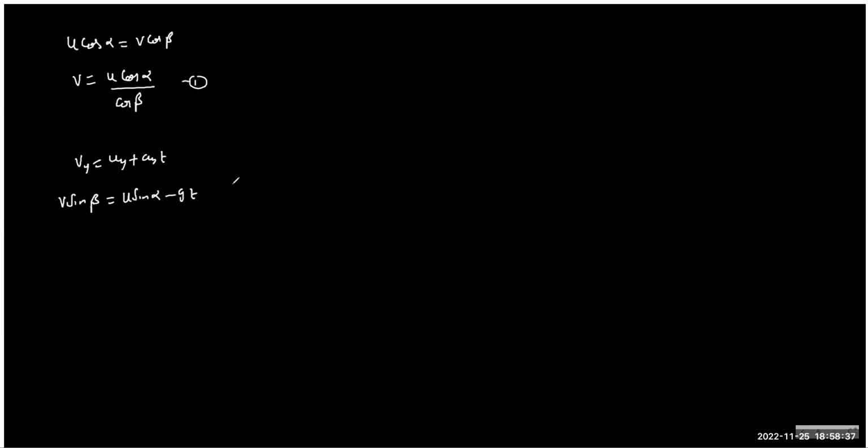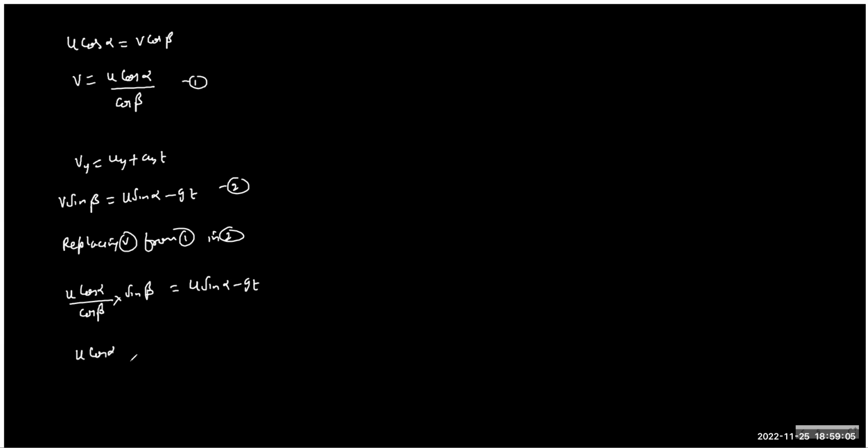And you can substitute V. So U cos alpha into tan beta.